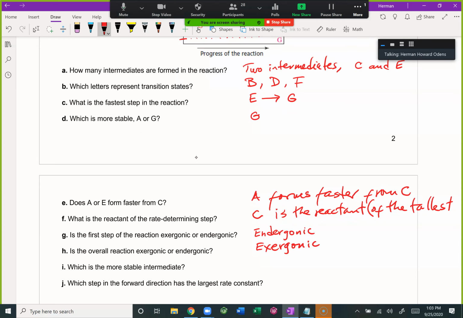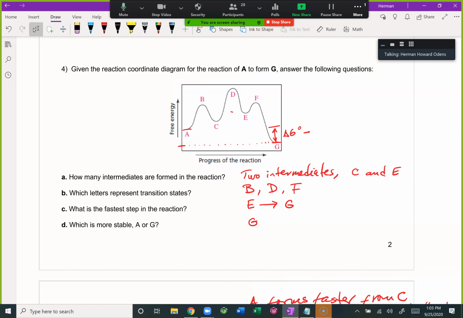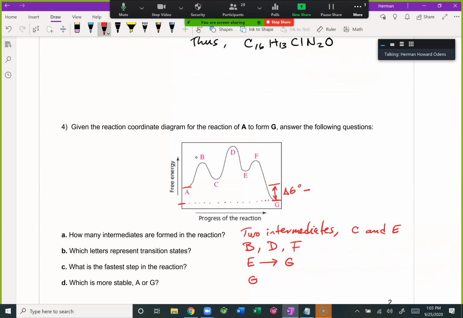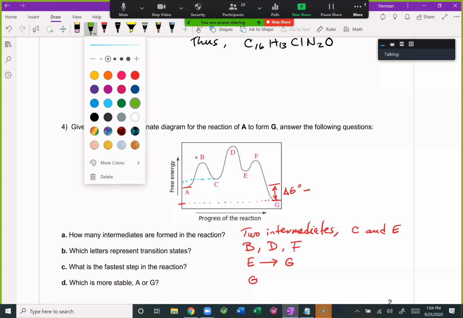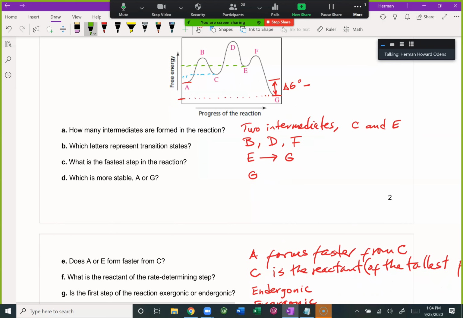All right, which is the more stable intermediate? Let's see, between E or C, which one is the most stable intermediate? C, exactly right. C is the most stable intermediate because it is lower in energy than E. So C is better, it's more stable.